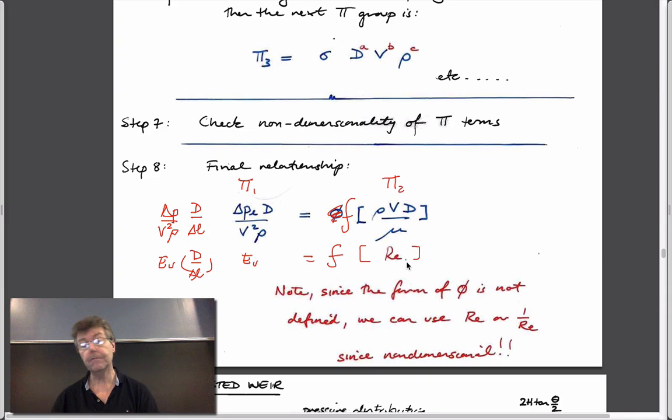We don't have to solve those. And from this, now we can decide how to run our experiments, because this basically says that we should get a relationship that links Reynolds number with Euler number.